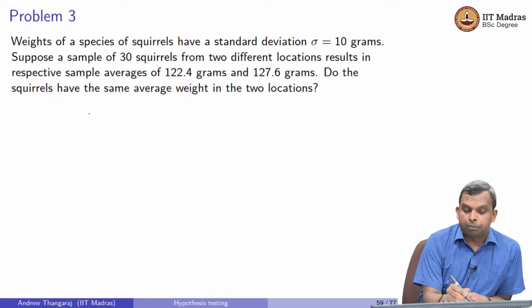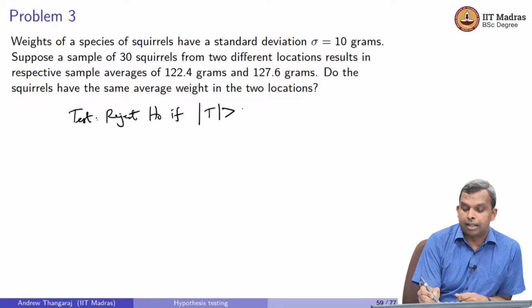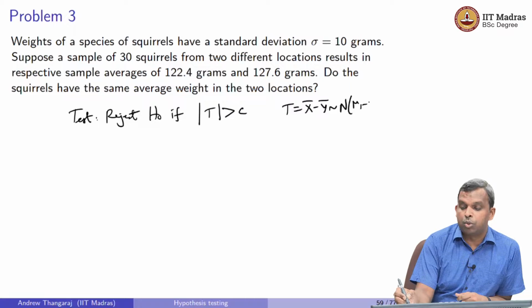So your test is going to be: reject h naught if mod t is greater than c, where t equals x bar minus y bar, and that distribution is normal, mu1 minus mu2, comma, sigma 1 squared by 30 plus sigma 2 squared by 30.